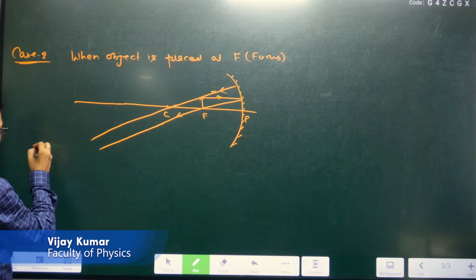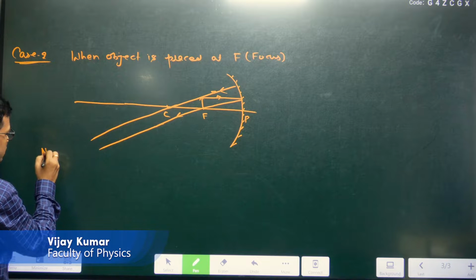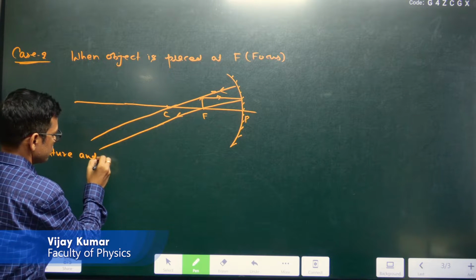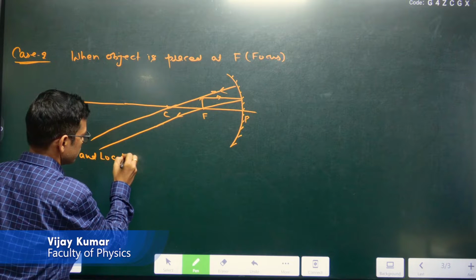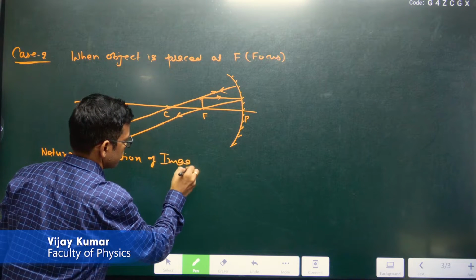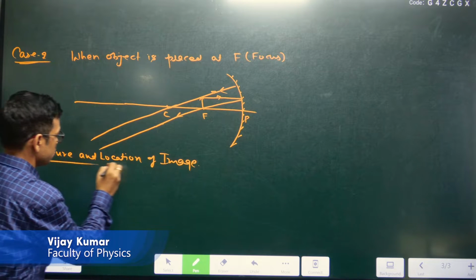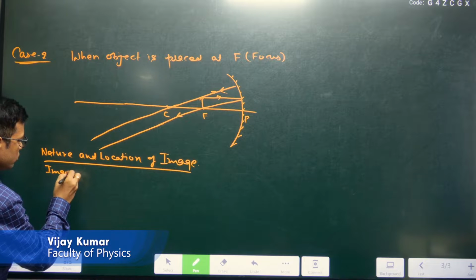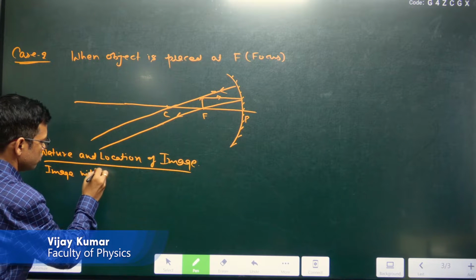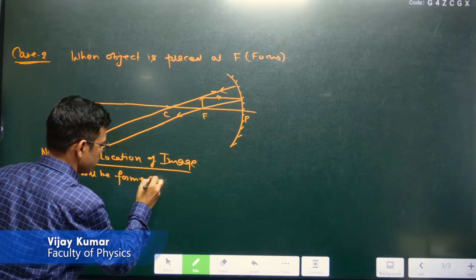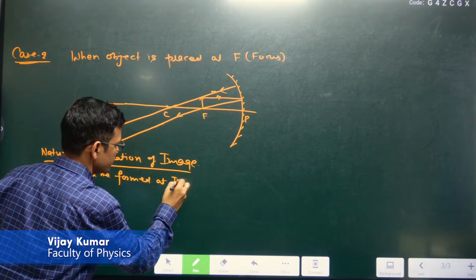So come to the nature and location of image. The image will be formed at infinity.